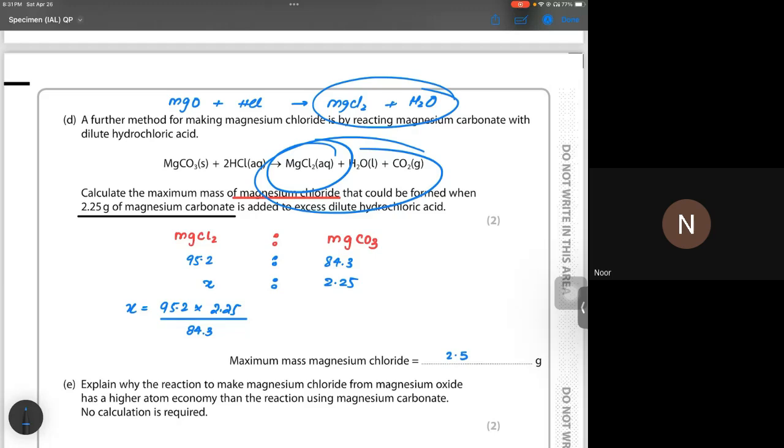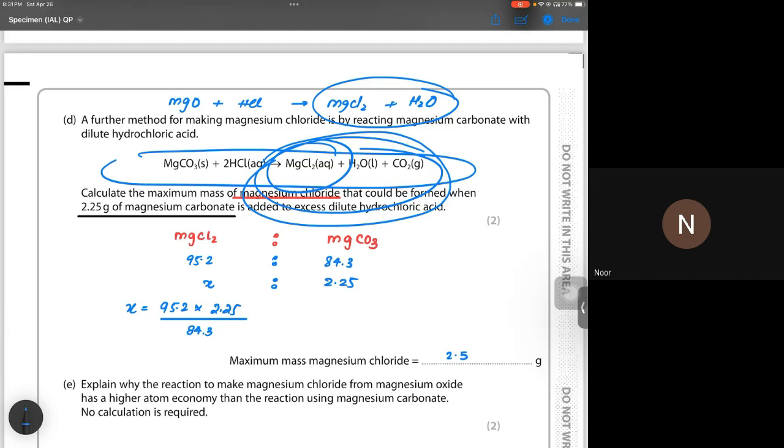If the mass of the denominator increases, the overall answer decreases. So when you would be solving the atom economy with the carbonate equation, you have three products.